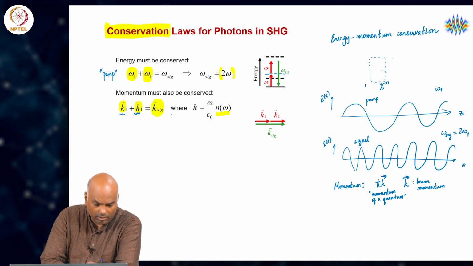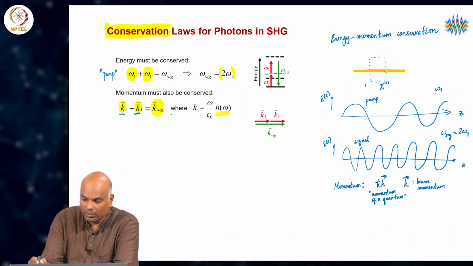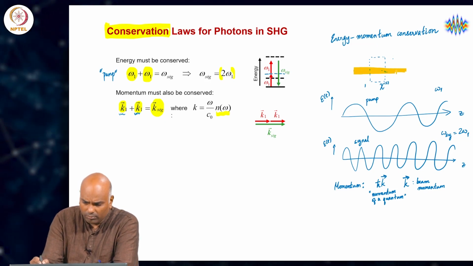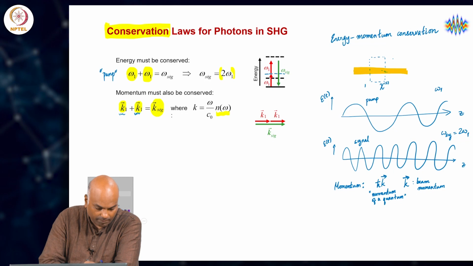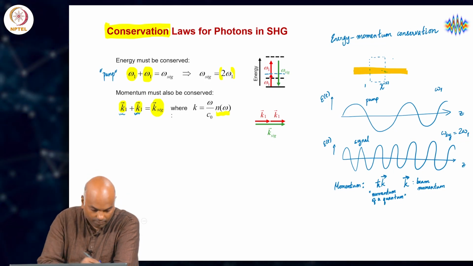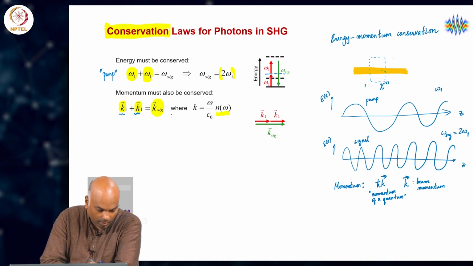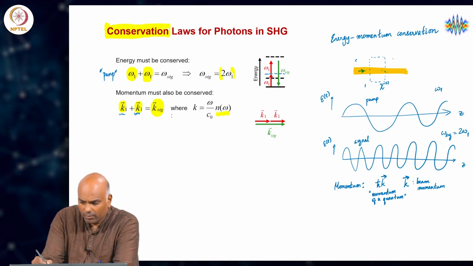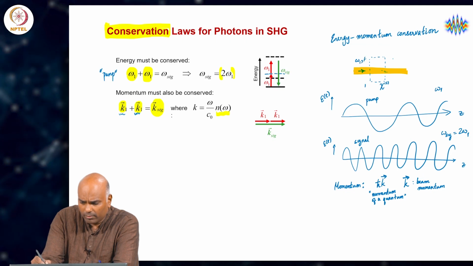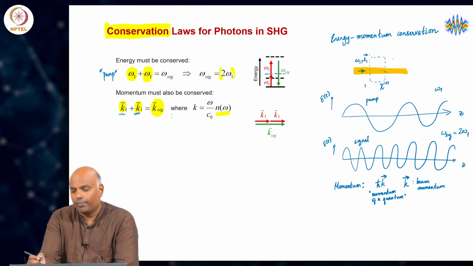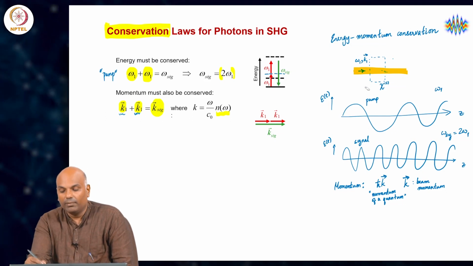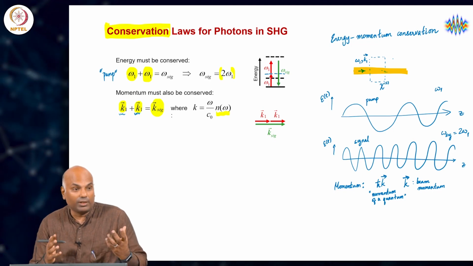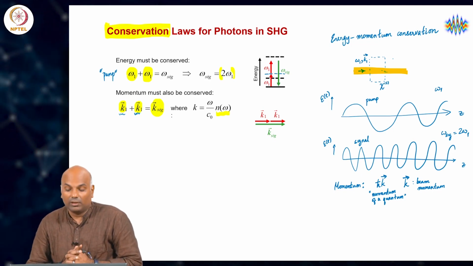If we had say a single beam interacting with, in a medium, let us say I already called it a crystal because we need crystals for second harmonic generation, as we will see, rather than amorphous media.